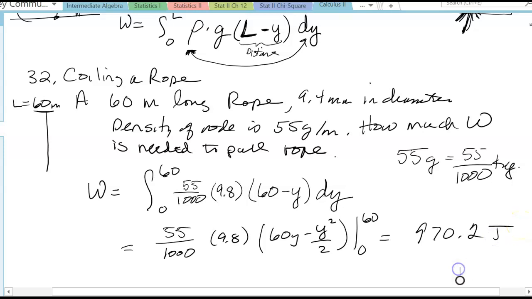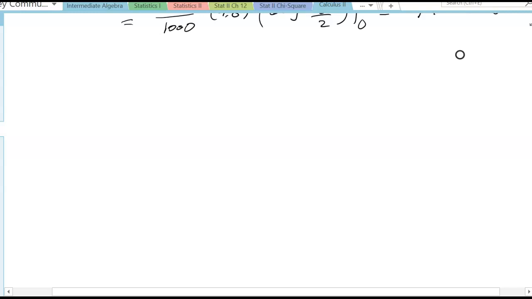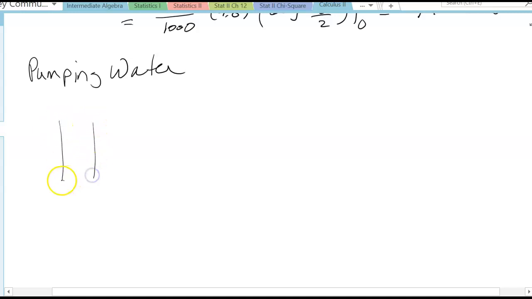All right. One more problem, or type of problem, and this one has to do with pumping water. So here's the idea on this one. We'll just work with a cylinder.